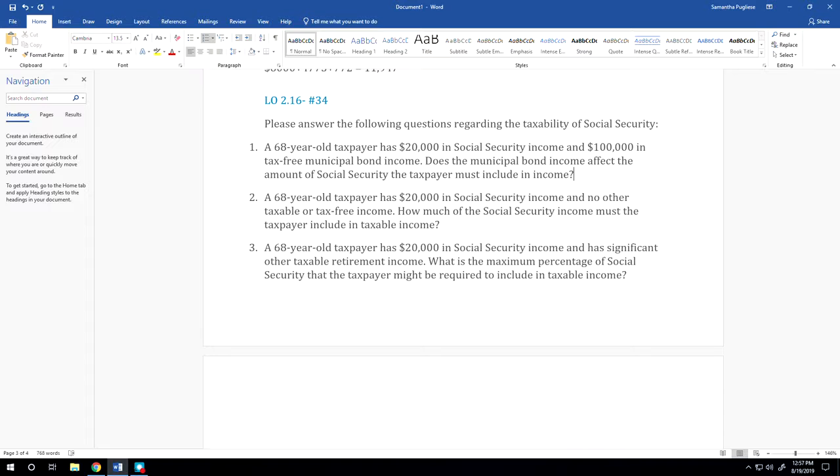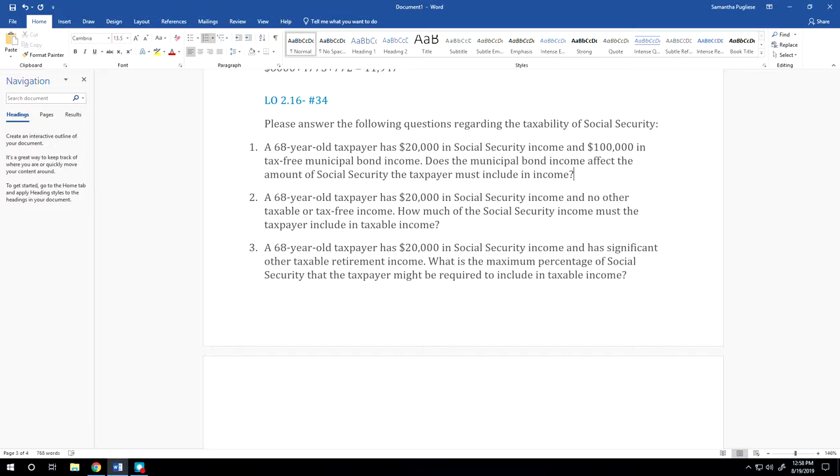Number 3, we have this taxpayer with $20,000 in Social Security income. He also has, or she also has, significant other taxable retirement income. So distributions from a 401k, an IRA, potentially things like that.